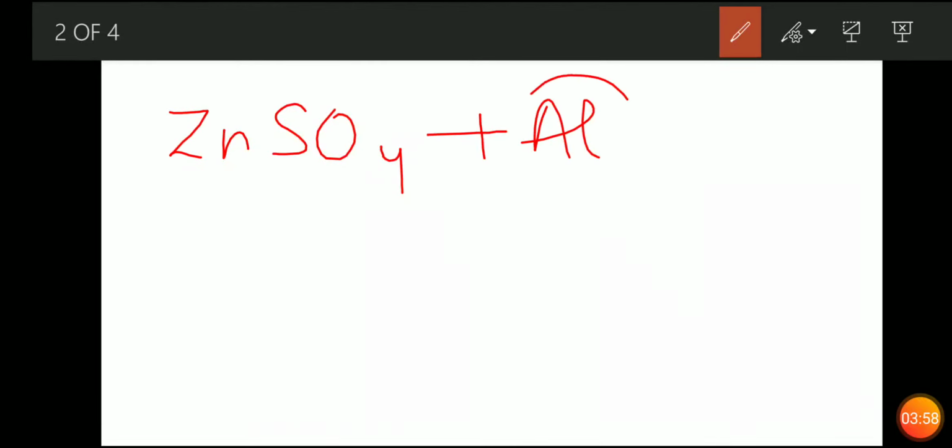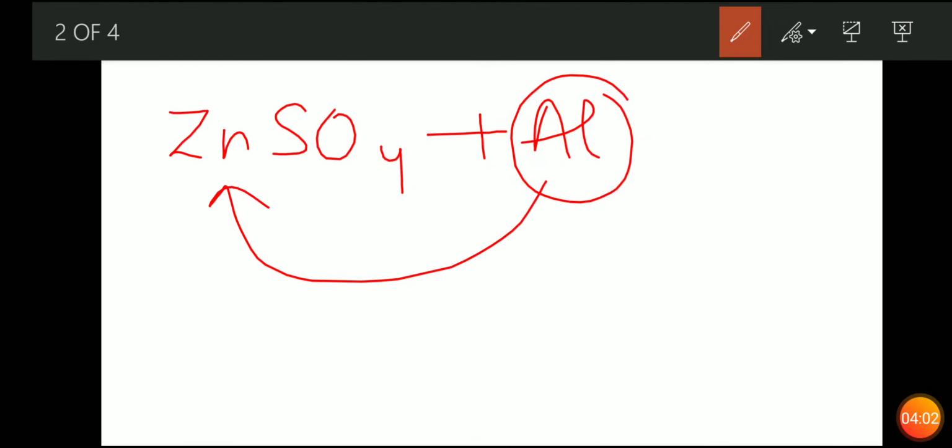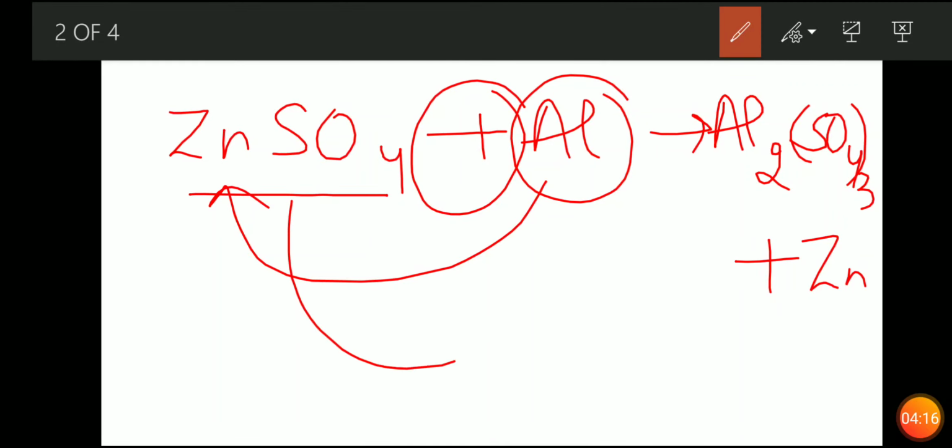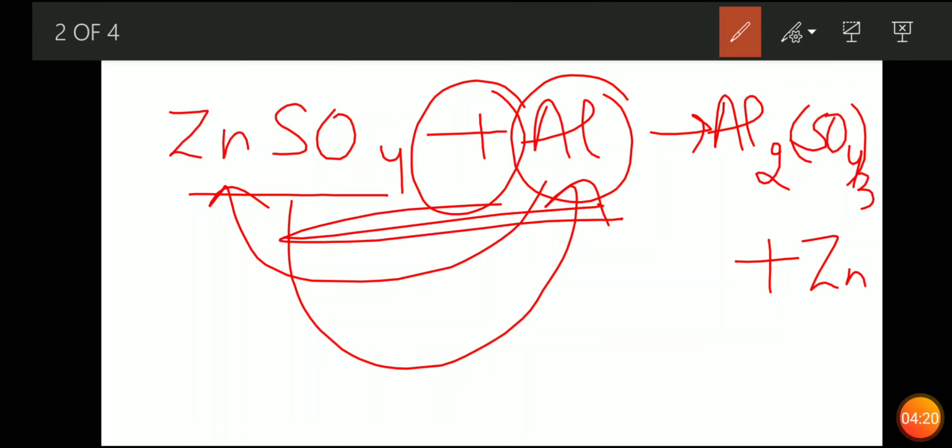This aluminium is more reactive than this zinc. So it will form Al2(SO4)3 plus zinc. But what does this plus sign indicate? It indicates this ZnSO4 reacts with aluminium. So it is a combination reaction.